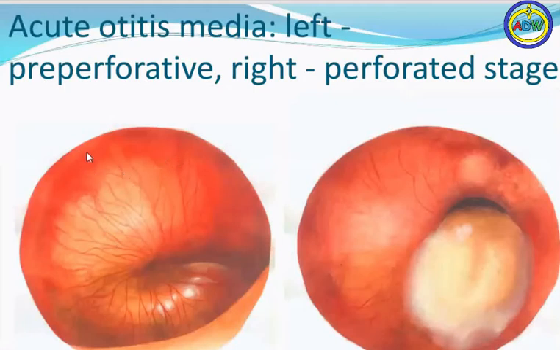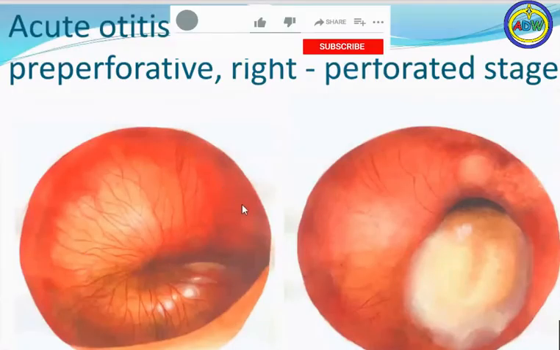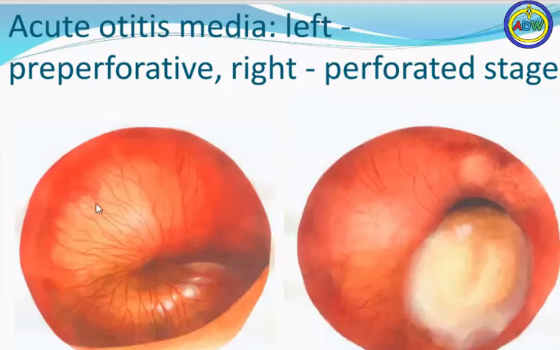acute otitis media on otoscopy, we can see on the left the pre-perforative stage. You can see the congestion of the blood vessels. The blood vessels are also inflamed, and the tympanic membrane bulges to the outside. And this is the perforated stage.